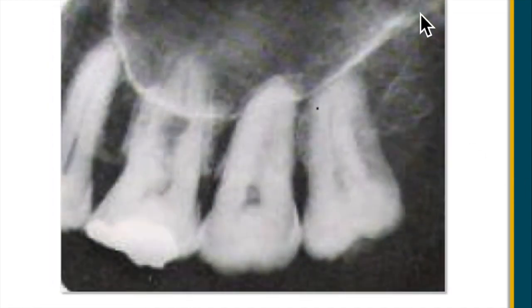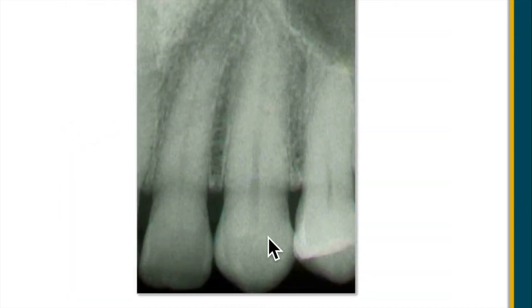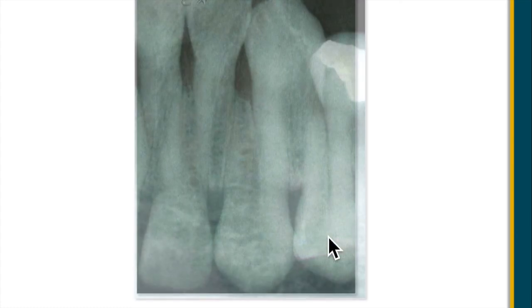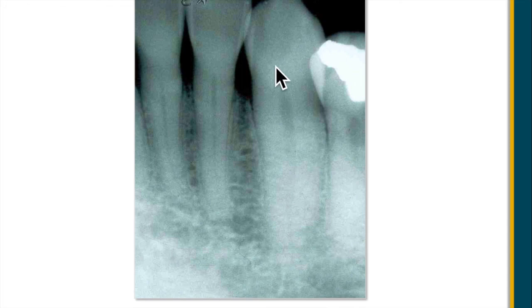Again, floor of the sinus gives me a clue. We're looking at maxillary teeth, 14, 15, 16. Canine, lateral, 11, 10, 12, 22, 21, 23, 19, 18, 20, 21.